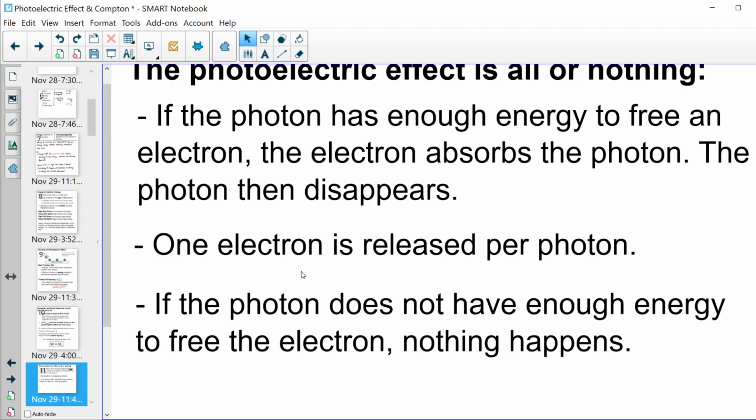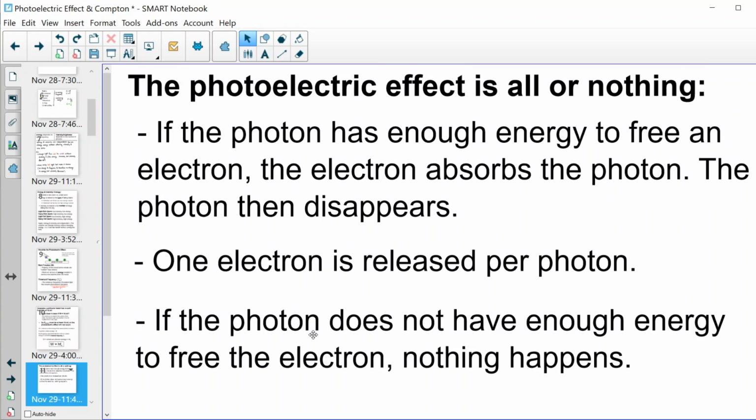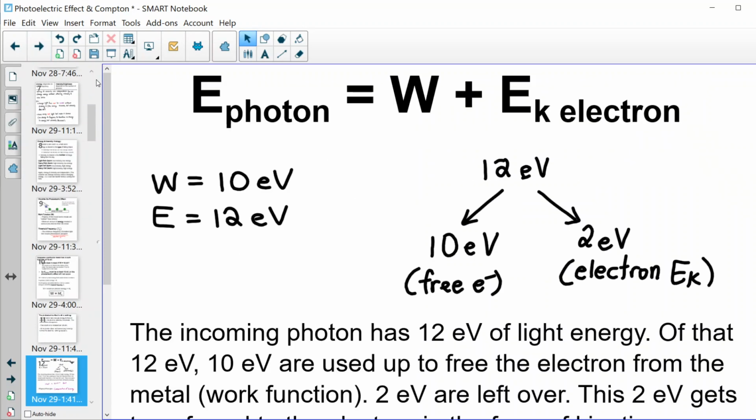It's a 1-to-1 ratio. On the other hand, if the photon does not have enough energy to free the electron, nothing happens. The photon just bounces off the metal, it doesn't get absorbed, and off it goes. It is not possible for the metal to absorb half a photon or a quarter of a photon. Either the entire photon gets absorbed or none of it gets absorbed. There is no in between.